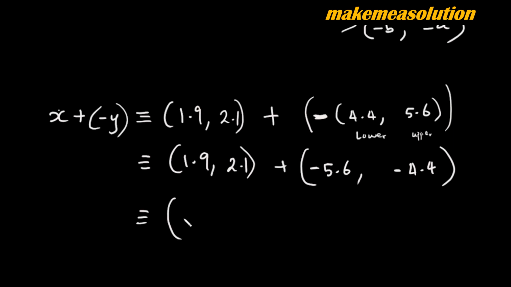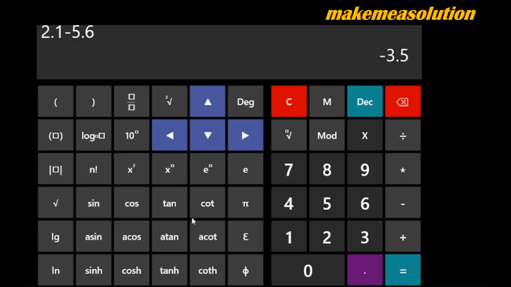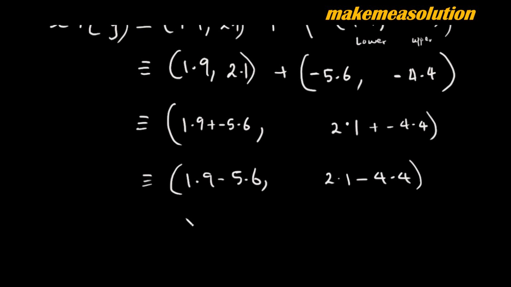So my final result is now going to be 1.9 plus minus 5.6, and 2.1 plus minus 4.4. And of course, this is still the same thing as saying 1.9 minus 5.6, 2.1 minus 4.4. So we're going to resolve it. 1.9 minus 5.6, negative 3.7.